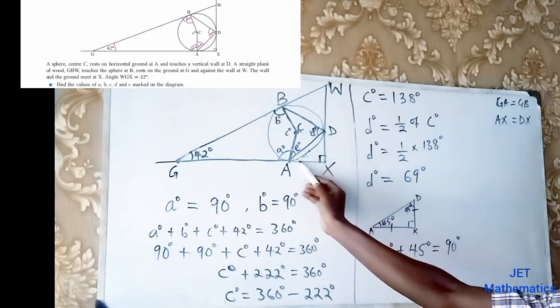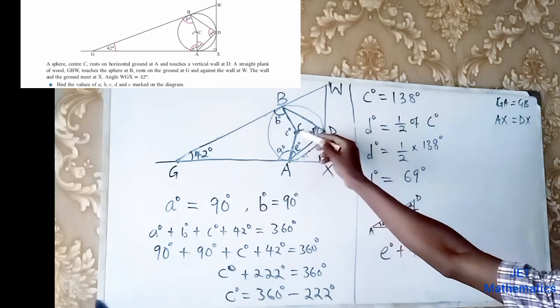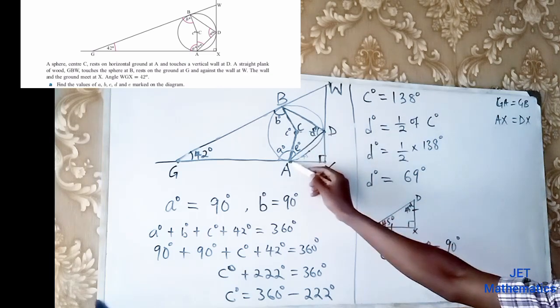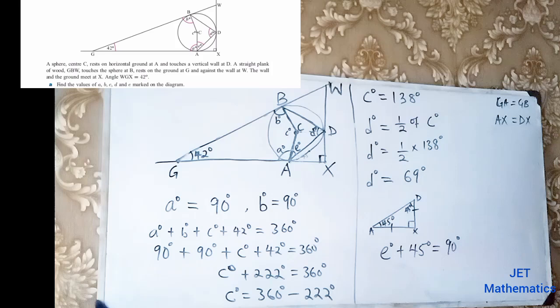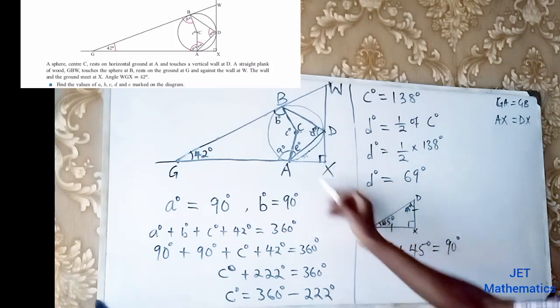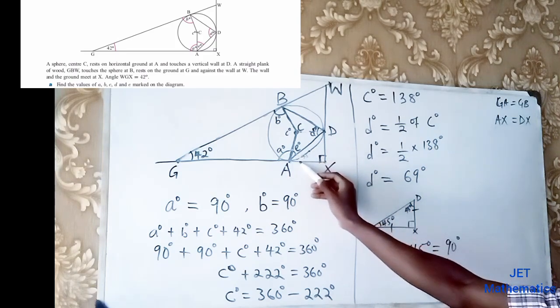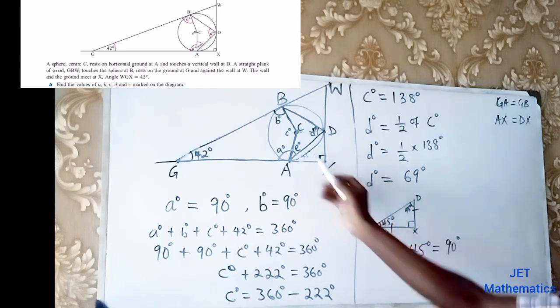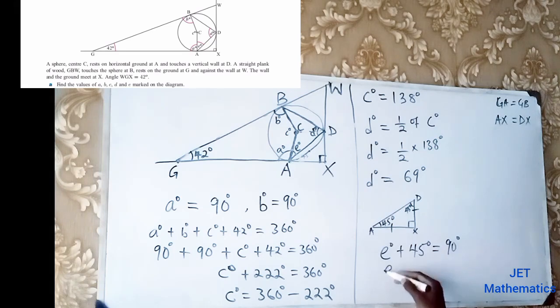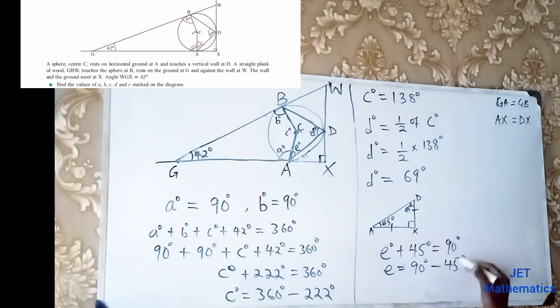But remember, from this triangle, we have gotten this angle to be 45 degrees. So E plus 45 degrees equals 90 degrees. So E is equal to 90 degrees minus 45 degrees. So E becomes 45 degrees.